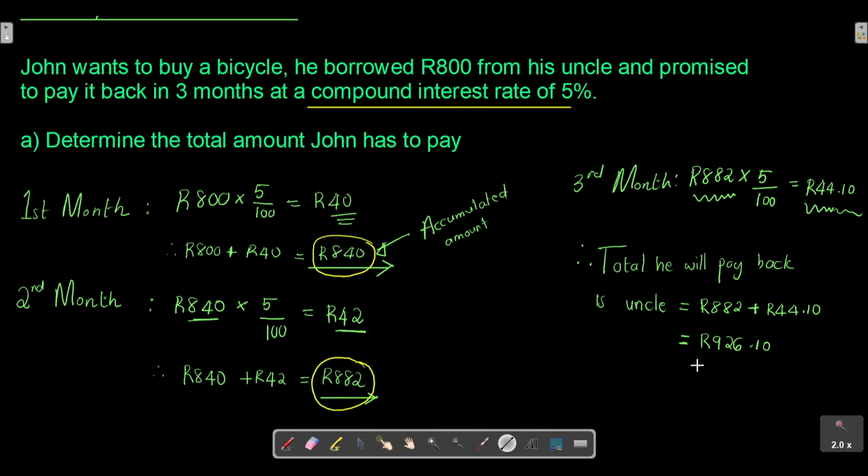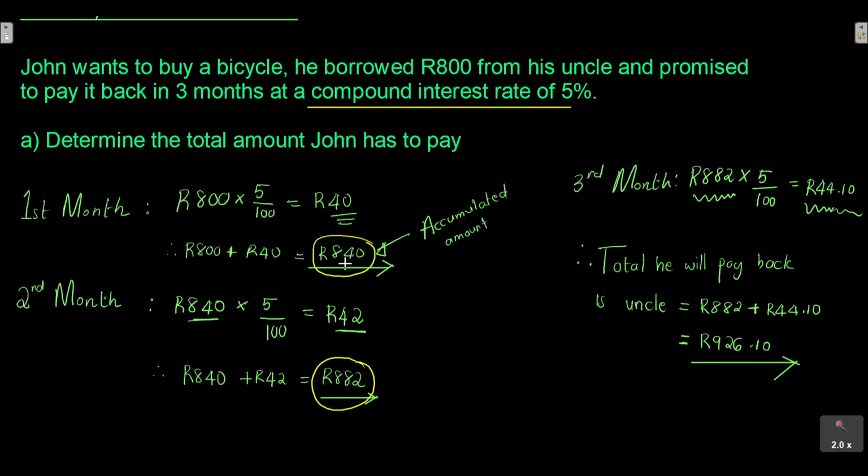So here, guys, don't make the mistake of thinking you need to continue to add 840 plus 882 plus 900. No, guys. Because remember, we've already included that 800 and we added that 40 rand. Then we started with this accumulated amount to help us calculate the interest, and we used that 42 rand and added it to the previous amount.